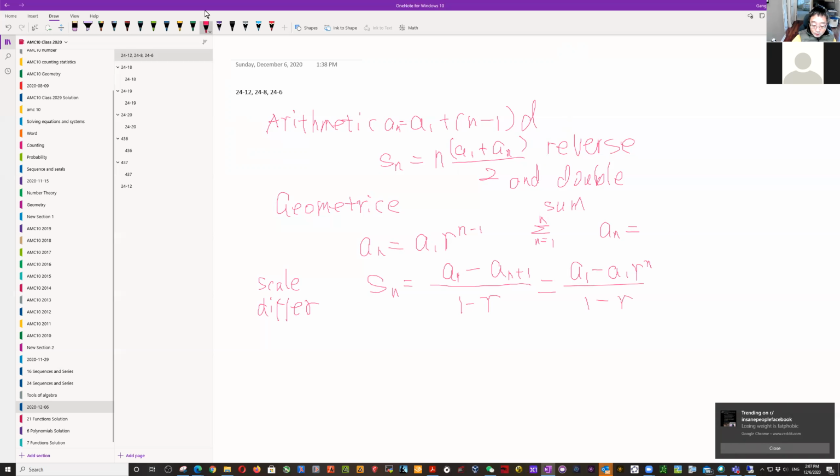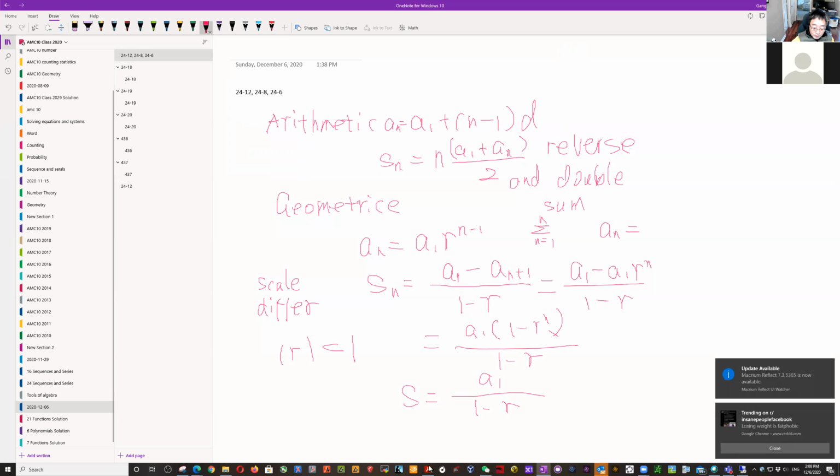You can also extract a1 out, giving a1 times (1 minus r to the n) over 1 minus r. This is the finite sum. Then for the infinite sum, the absolute value of r needs to be less than 1. With this in mind, the infinite sum S is equal to a1 divided by 1 minus r, because this term goes really small. That's the way to solve those problems.